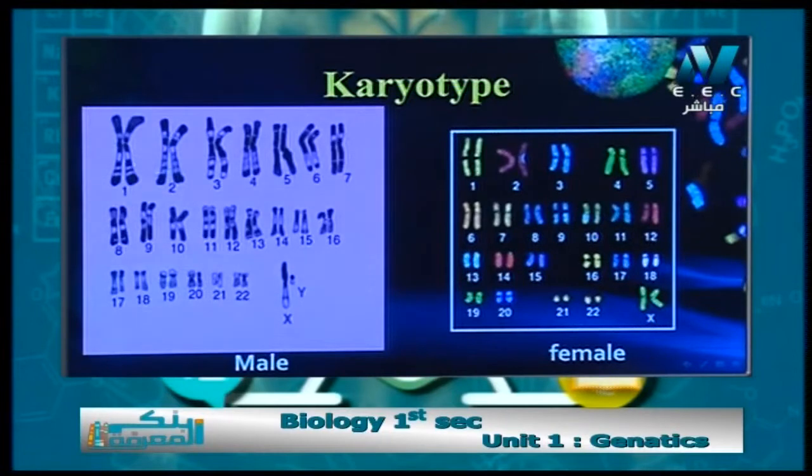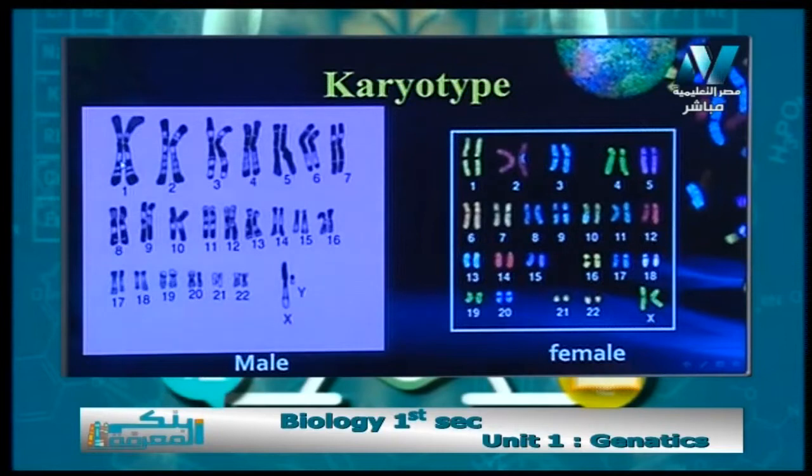Because the chromosomes here are diploid, in pairs, as you see in male and in female. The chromosomes are arranged in descending order. The tallest one, pair number 1, and the shortest one, pair number 23.